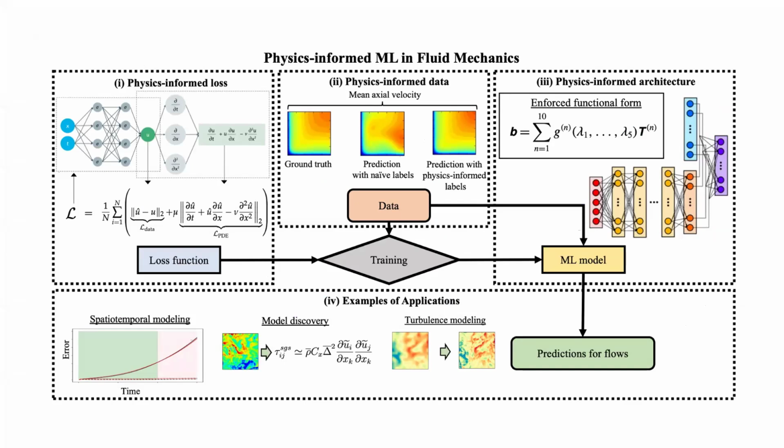This is just a normal architecture which people have developed for using physics-informed machine learning in fluid mechanics. If you look at the third step, the physics-informed architecture, they change the full neural network architecture to conform to a specific bias, for example the second bias which I told you about.